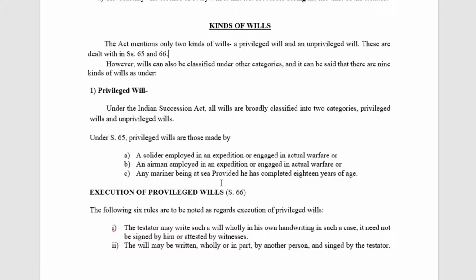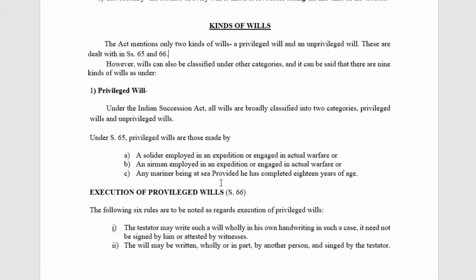And let us go with regard to this concept of the privileged will. How can the privileged will be executed? What is the mode of execution of the privileged will? With regard to the execution of the will, there are certain basic rules. With regard to the privileged will also, some basic rules are there.